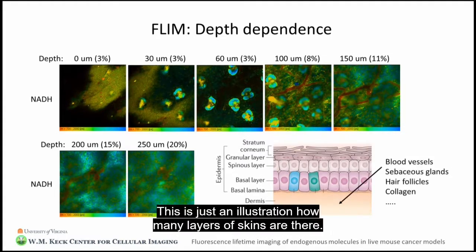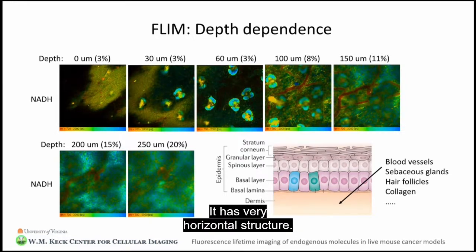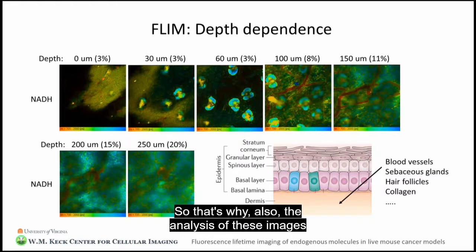This is just an illustration of how many layers of skin there are. It has very discrete horizontal structures, so that's why the analysis of these images is a little more complicated than with plain cultured cells.